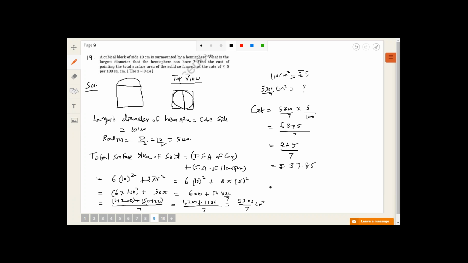So the cost of painting the total surface area of the solid so formed at the rate of rupees 5 per 100 square centimeter will be rupees 37.85.